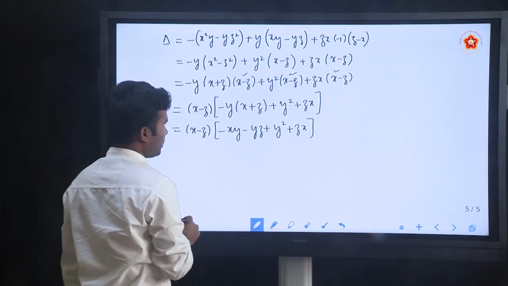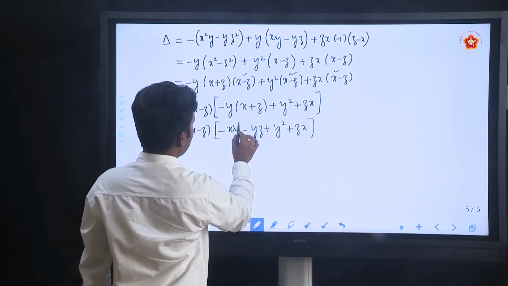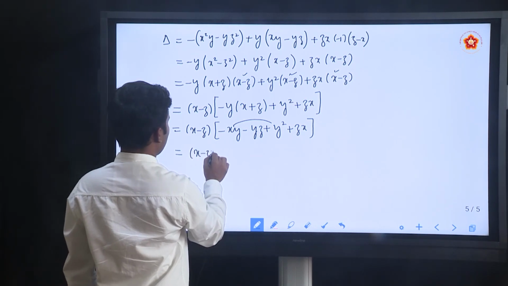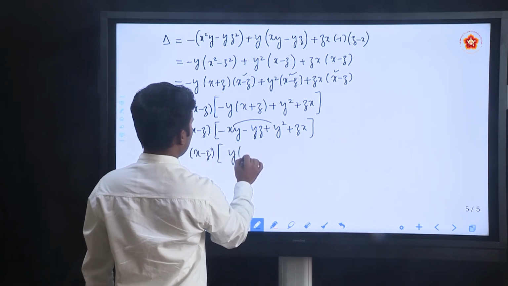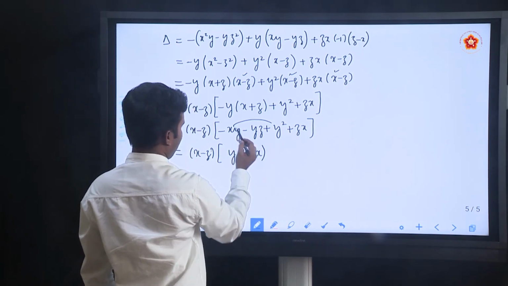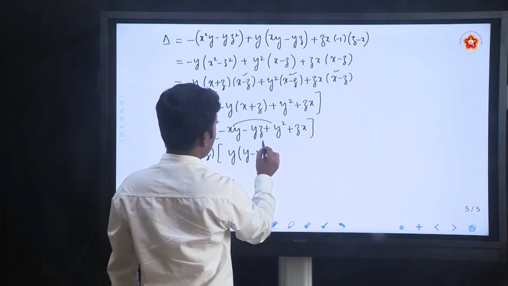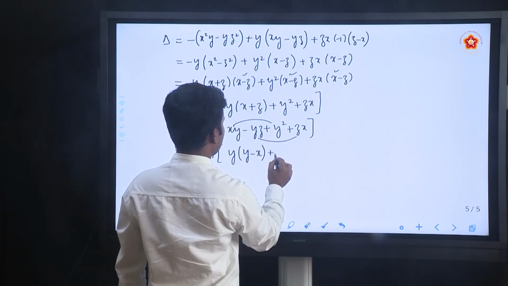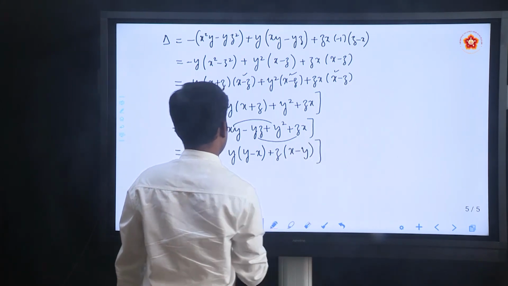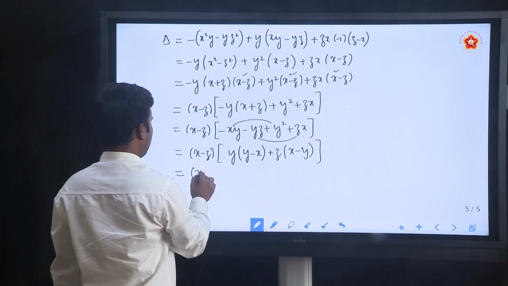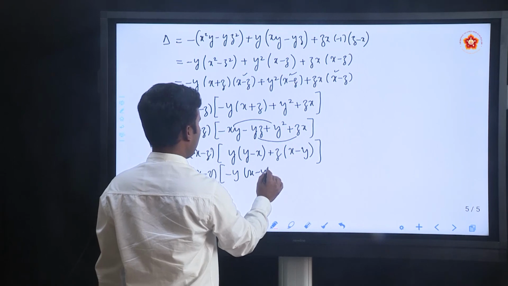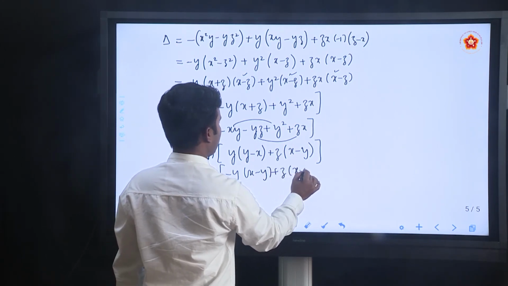Now, you can take y from these two terms as a common factor: x minus z into y into y minus x. From here you can take z common: plus z into x minus y. So, x minus z, and here I can write minus y into x minus y plus z into x minus y.